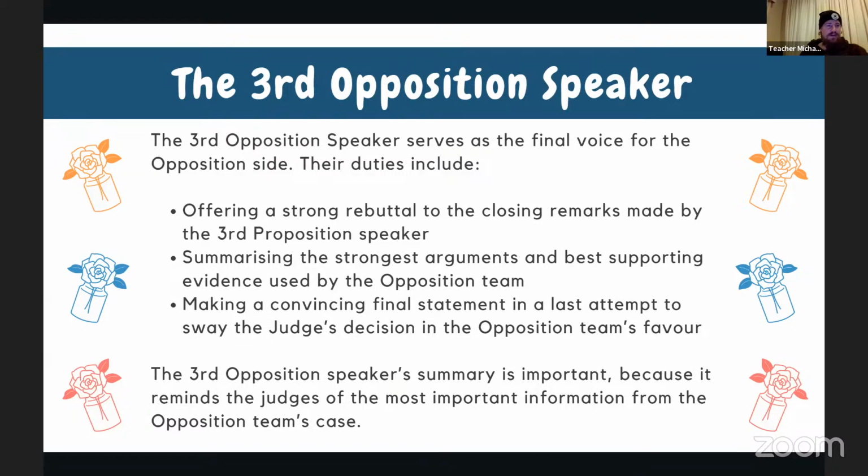So same thing, we want to combine the signposting and the summary of the strong arguments to help the judges remember what the best arguments your team made were. And finally, of course, we need to make a convincing final statement in a last attempt to sway the judge's decision in the opposition team's favor.